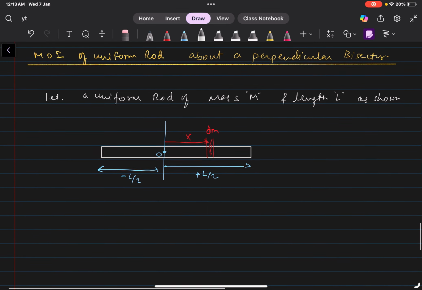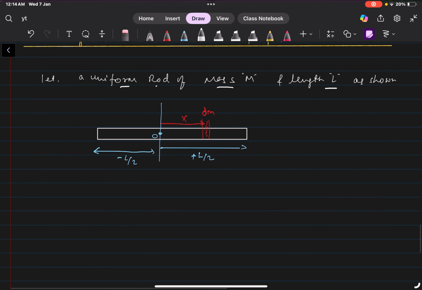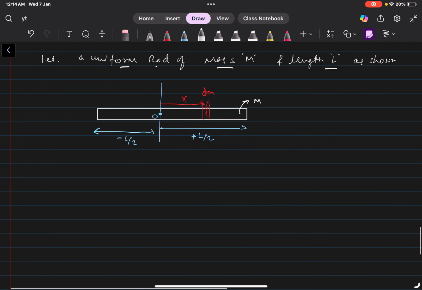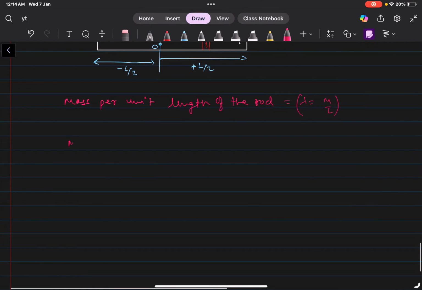So let the uniform rod have mass m and length l. We go from the origin, the perpendicular point, and at a distance x I have taken the element dm. The mass per unit length of the rod is lambda equal to mass by length, m by l.